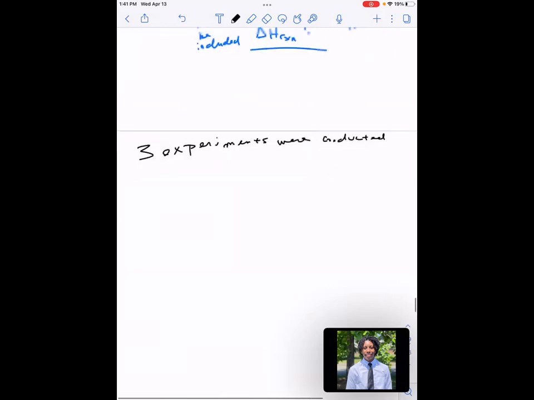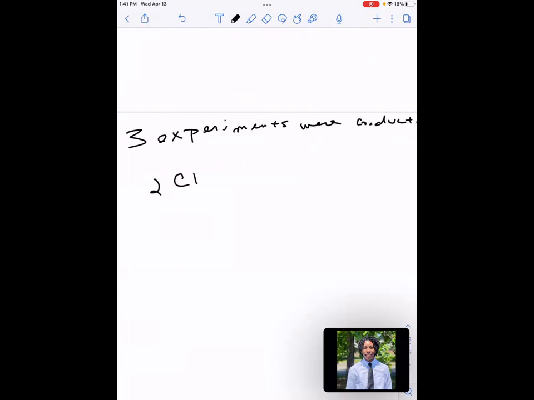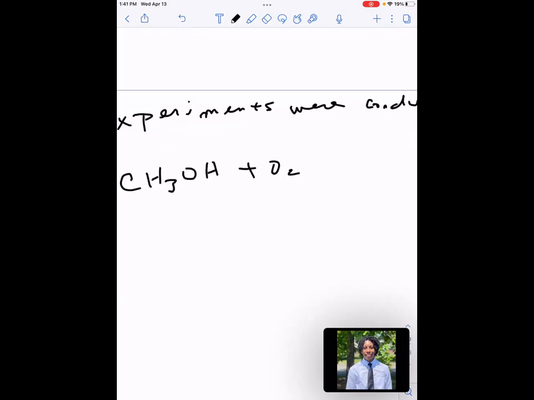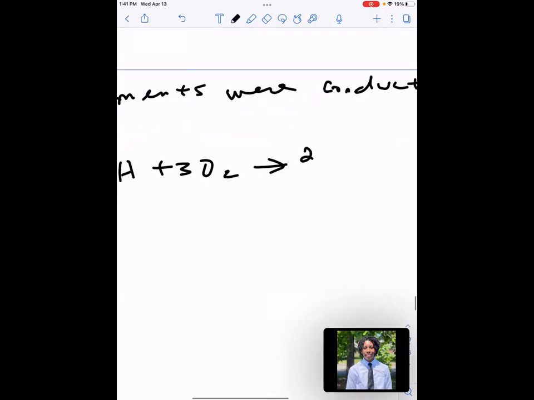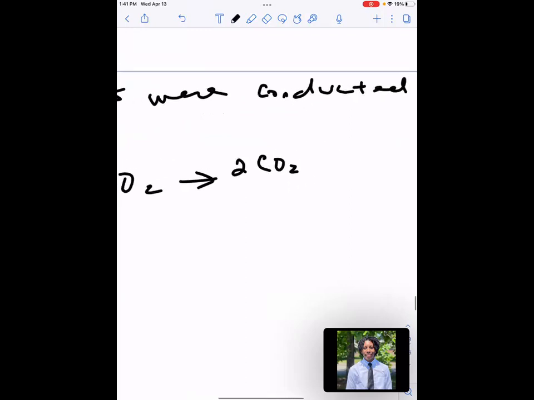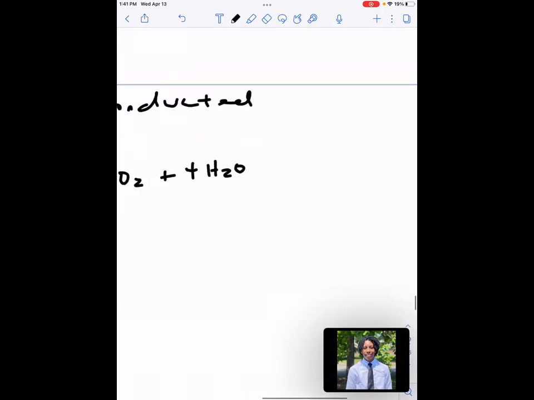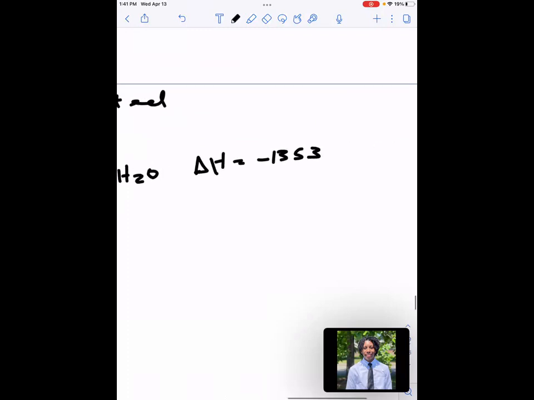So we have one experiment where we took 2 moles of methanol plus 3 moles of oxygen, sorry, let me make sure I got the coefficients in. And that's going to 2 moles of CO2 and then 4 waters. And this reaction, when I did it in a lab, had a delta H of negative 1353 kilojoules.